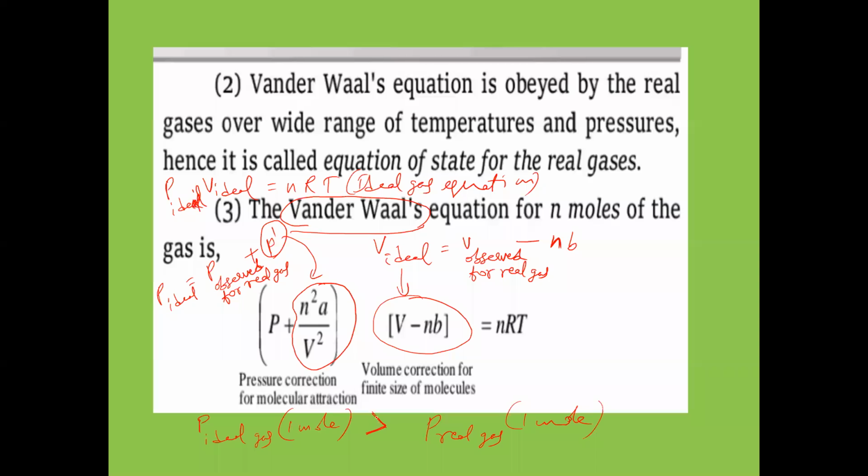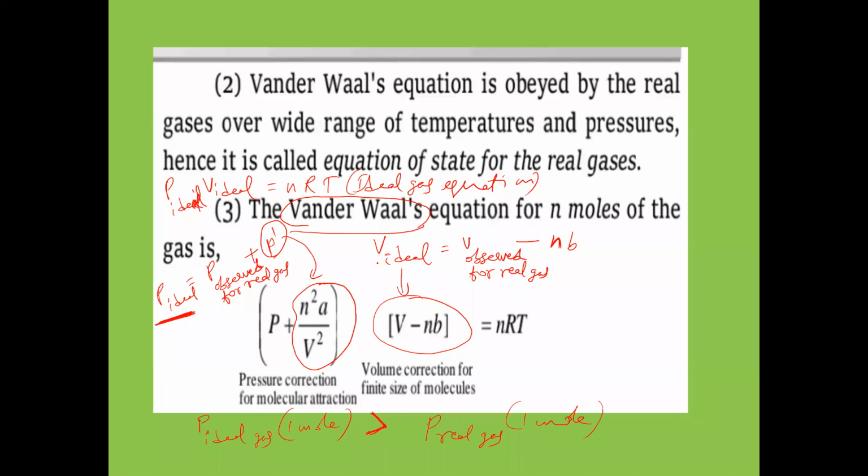The ideal gas will exert more pressure than the real gas. That point keep in mind. Here the ideal gas pressure is equal to the real gas pressure plus some value, the pressure correction value. That means P ideal is greater than P real. So that point keep in mind.